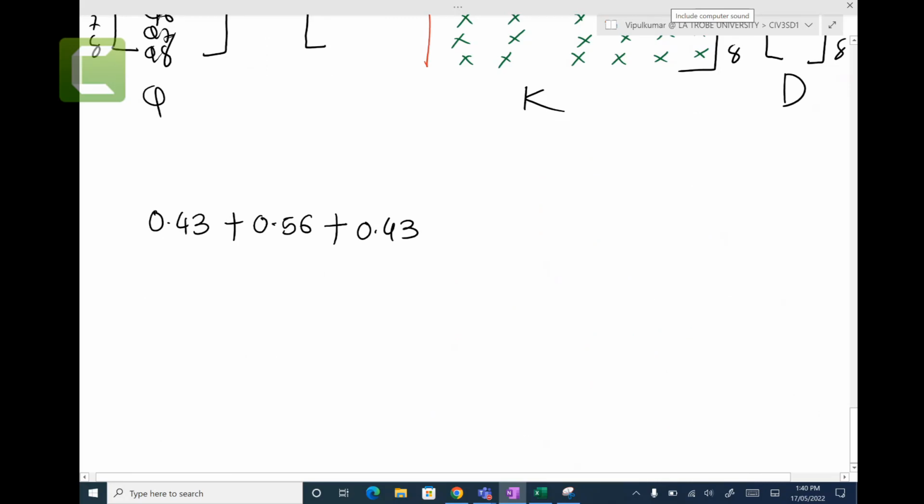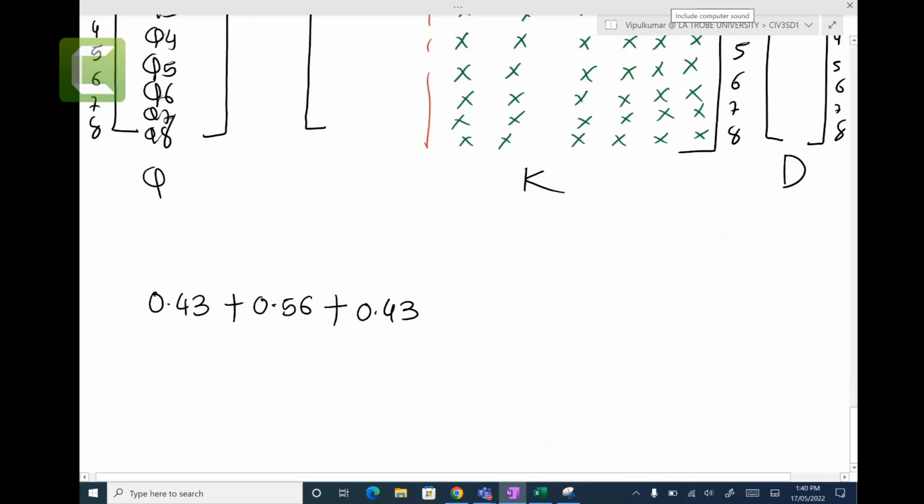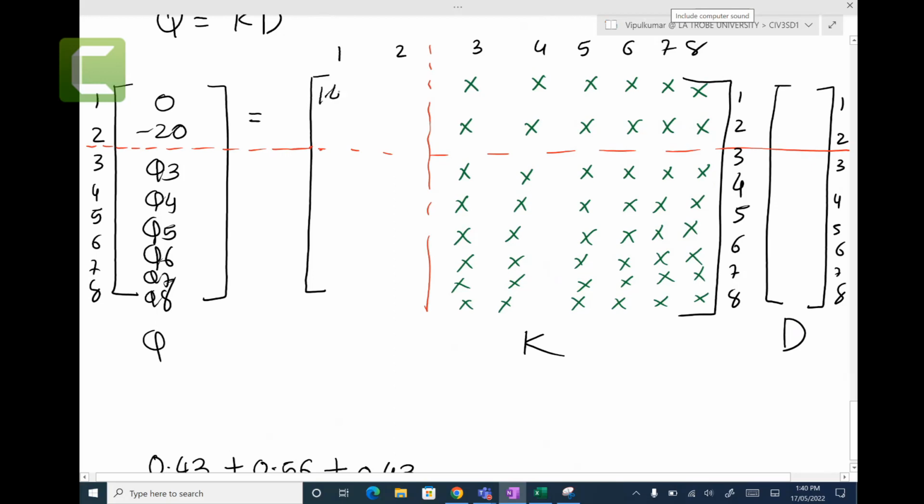So you got 0.43 plus 0.56 plus 0.43. You got 1.42. Raise your hand if you don't understand this. Row 1, column 1, you get 3 out of 3.